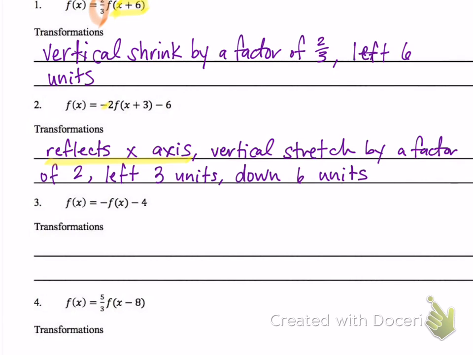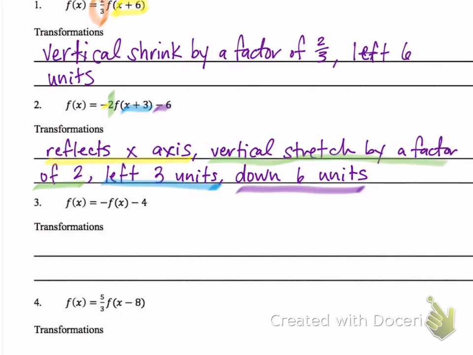The 2 tells me, since it is bigger than 1, that it's a vertical stretch by a factor of 2. The x plus 3, I'm going to take the opposite sign, so I'm going to say left 3 units. And then lastly, the plus or the minus 6 at the end tells me that I go down 6 units because I'm keeping that sign.